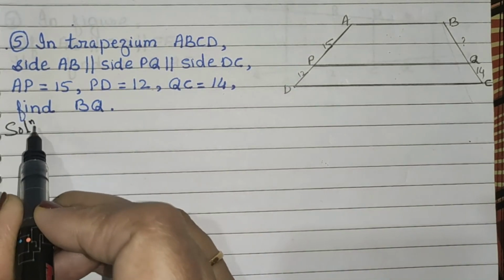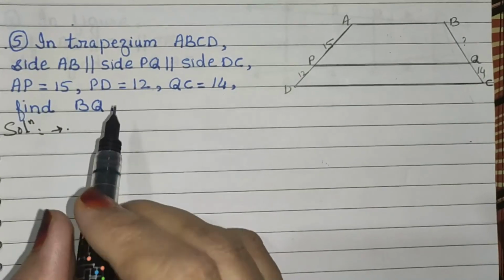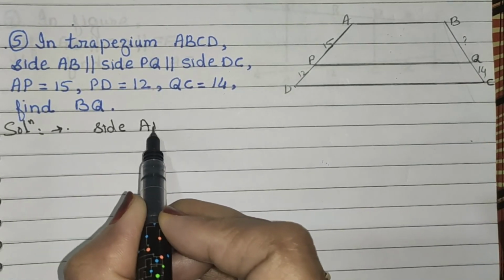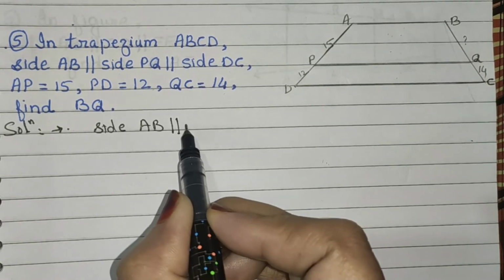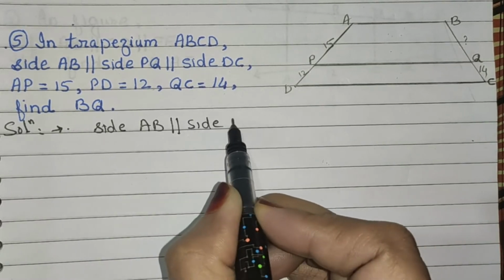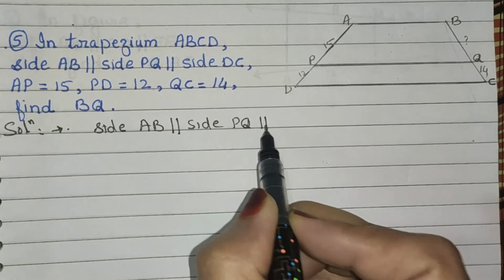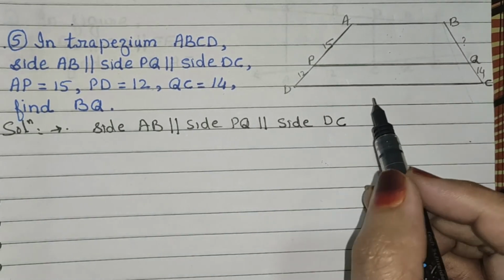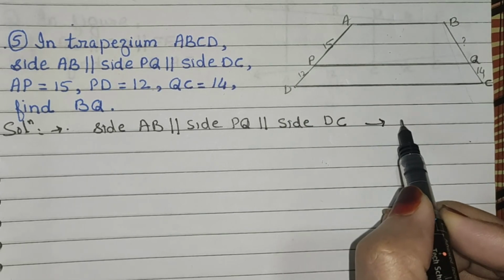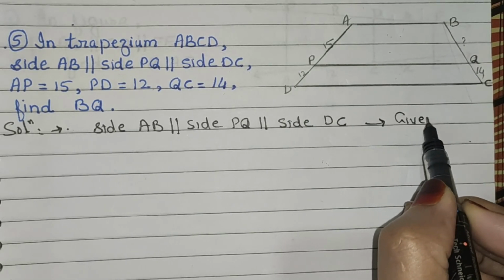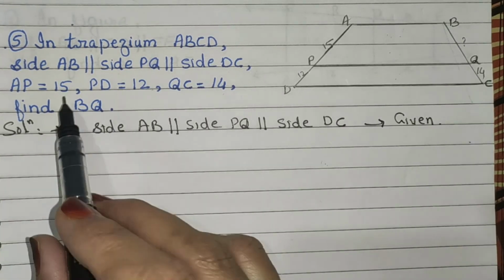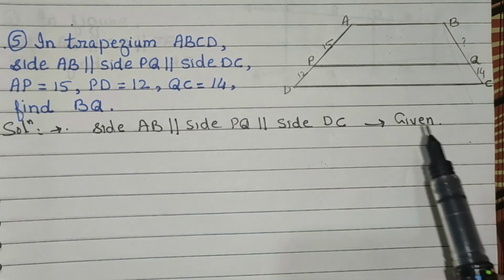Therefore side AB is parallel to side PQ. It is also parallel to side DC. It is given. And the values of sides are given here.